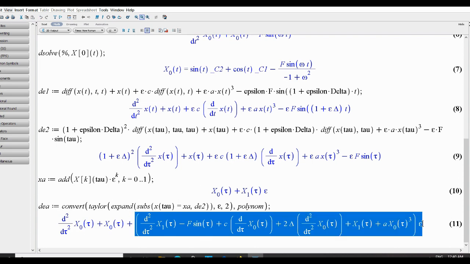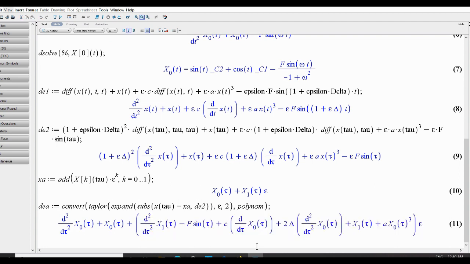This is the order epsilon term. Over here, the forcing is also there. The detuning, this delta is called a detuning. Let me write it here so that you can see. It's a detuning parameter. Okay, so that one is in here.